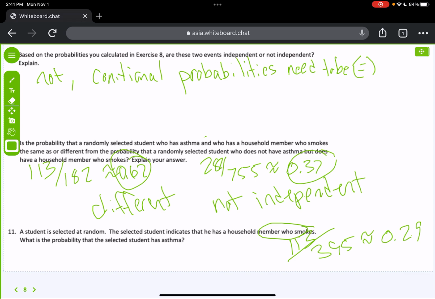Okay, so if you're in this study, it said if you are selected and you have a household member who smokes, then the probability of you having asthma would be 0.29, which is greater than 1/4, a quarter of this chance, the possibility.